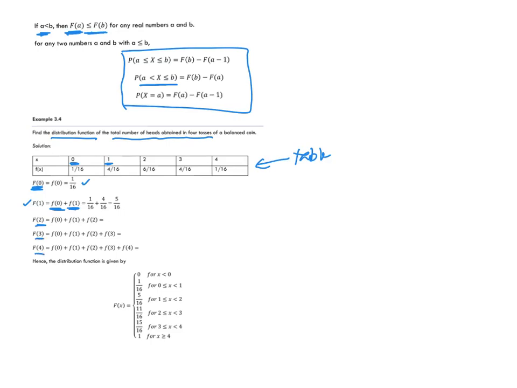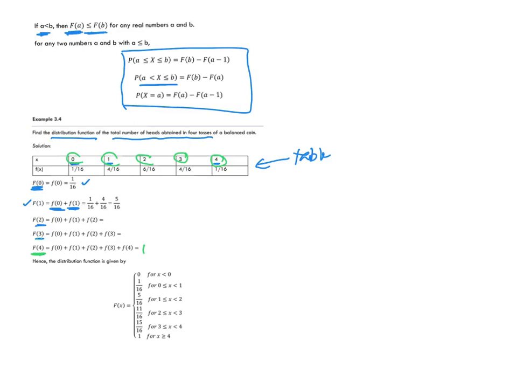The same thing repeatedly happens for the next numbers. You only have to total up everything. If you're going to calculate the cumulative of x equals 4, that means you need to add up every number before that: 3, 2, 1, and 0. So if you total up everything, the cumulative distribution function when x equals 4 is 1.